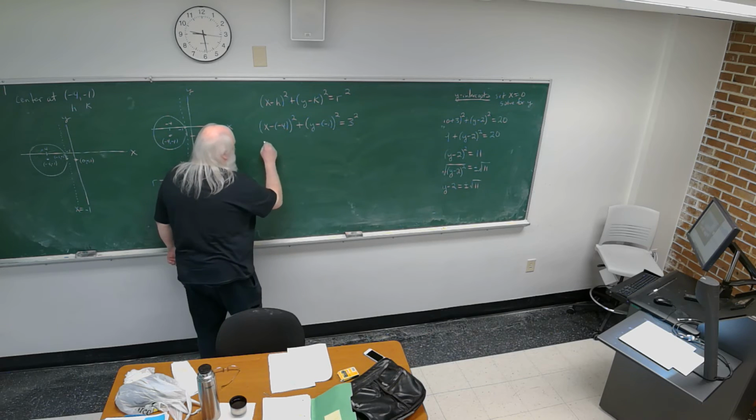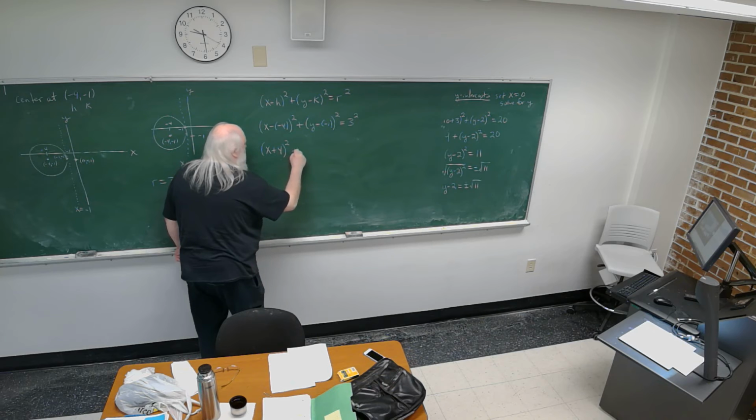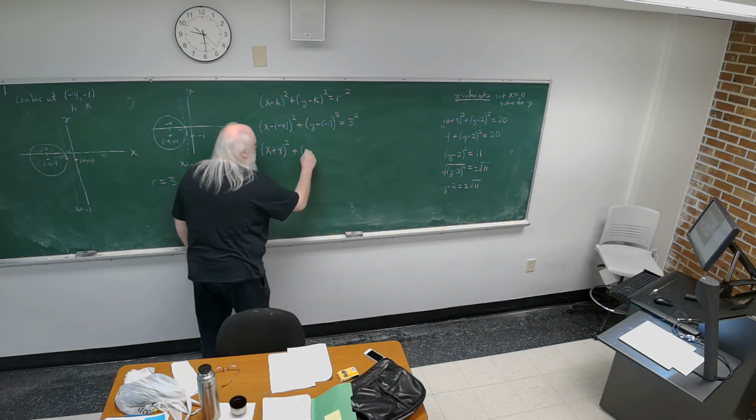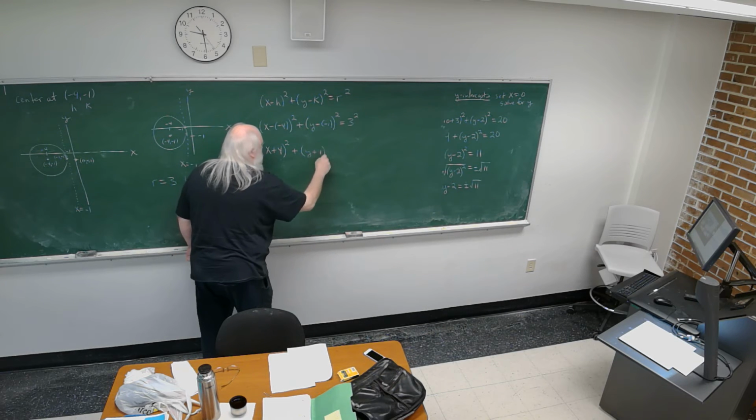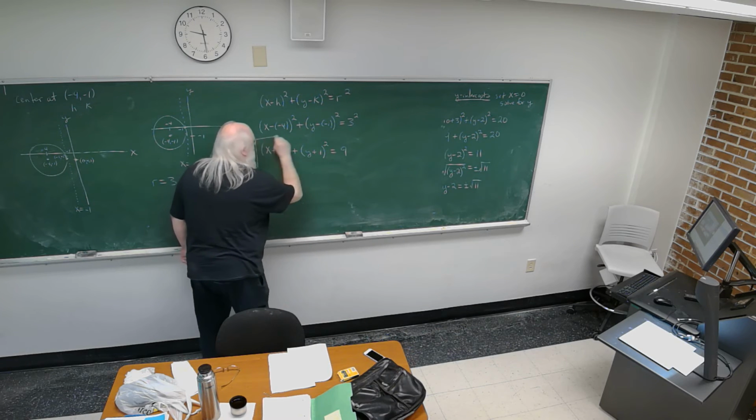So minus a negative 4, same as plus 4. And minus a negative 1 is the same as plus a positive 1. 3 squared is 9.